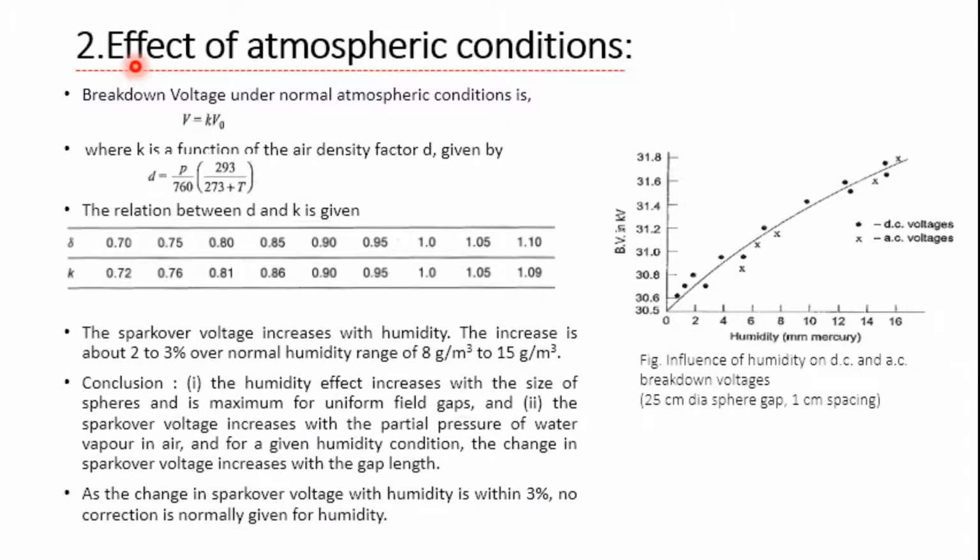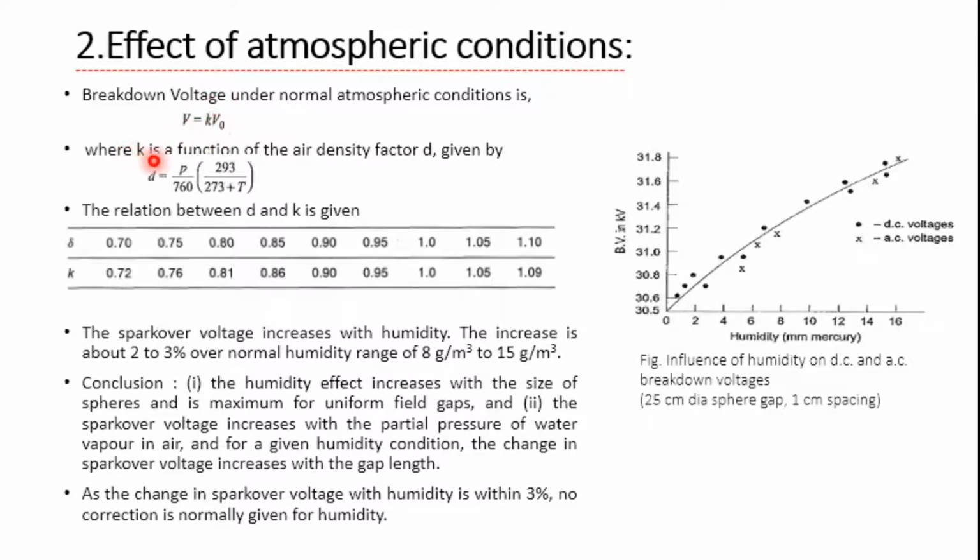The second one is the effect of atmospheric conditions. Instead of going directly for breakdown strength, we take the breakdown voltage under normal atmospheric conditions, which can be written as V equal to K into V naught. V naught is the actual value of the voltage obtained under the practical condition.